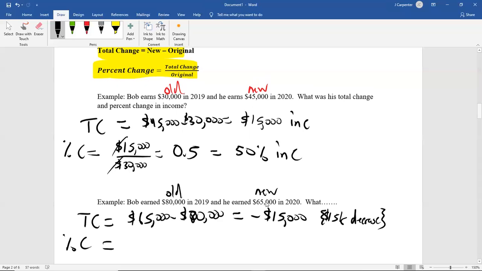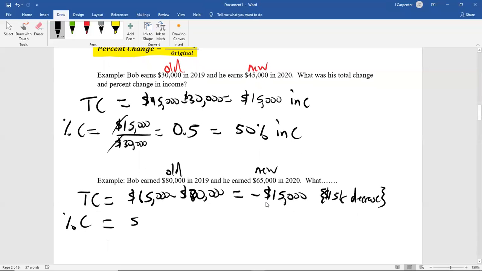So the percent change is the total change of the 15K, the 15,000, divided by the original, the thing that happened first. The bottom has nothing to do with size. It's not the smallest, it's not the largest, it's the thing that happened first. The bottom is the thing that happened first. I repeat myself because people forget things.